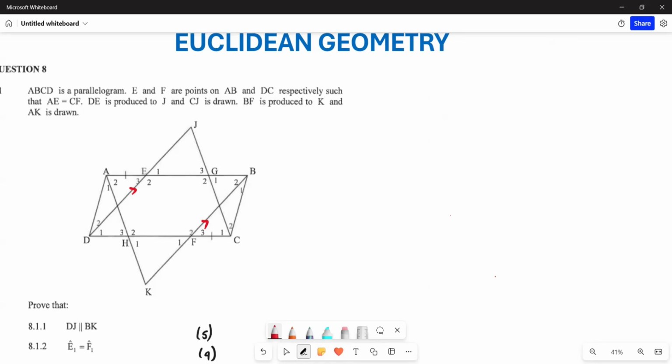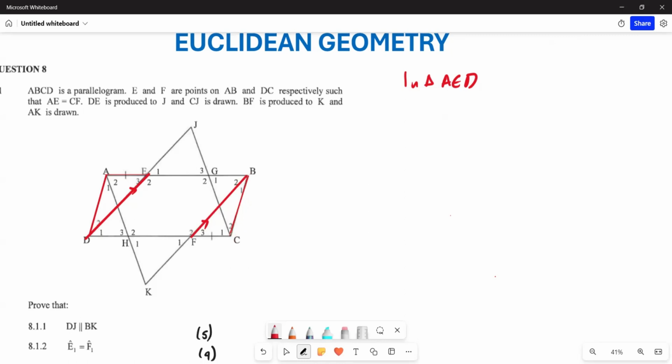Look, for an example, if I focus on triangle AED, which is going to be this triangle here, how can I prove that it is congruent to triangle CFB, which is this triangle here? These are the two triangles here.